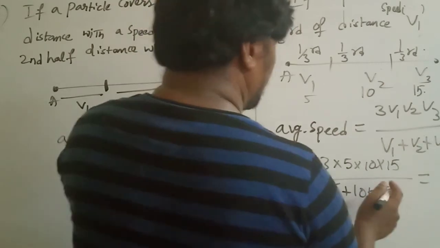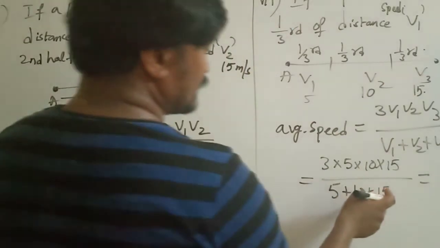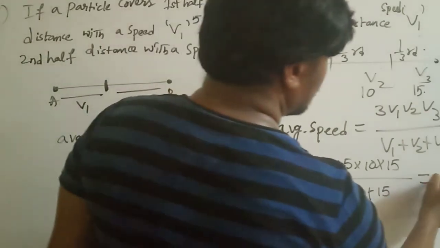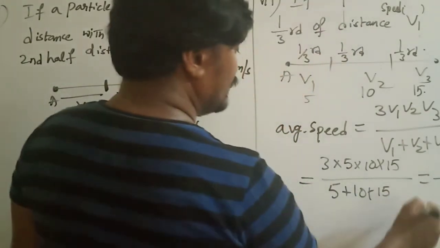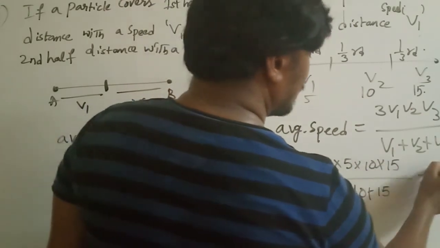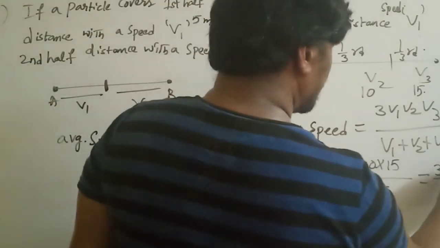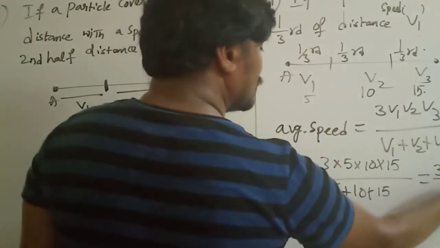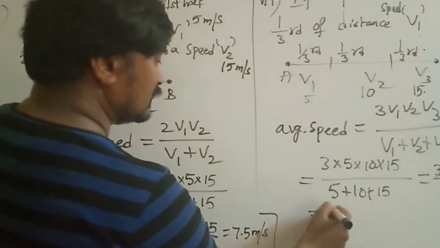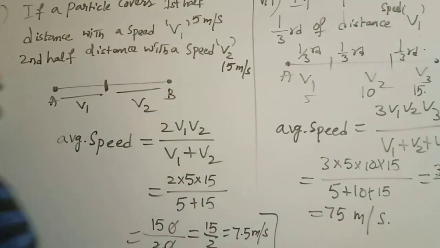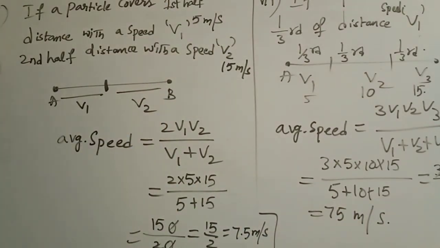Adding, 10 plus 5 is 15, 15 plus 15 is 30. So directly write 30 in the denominator, and 3 into 10 is 30, 30 into 15, 5s are 75. Now 30 cancels, we get 75 meter per second. So that is how to find average speed.